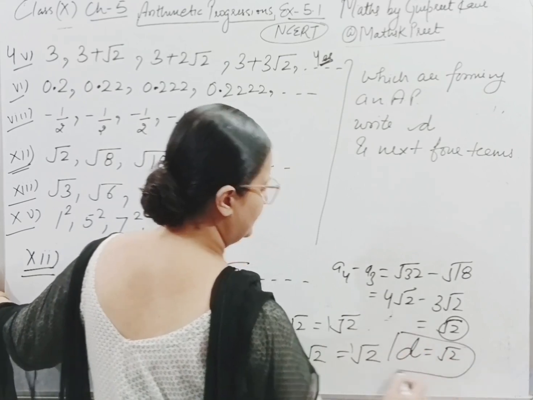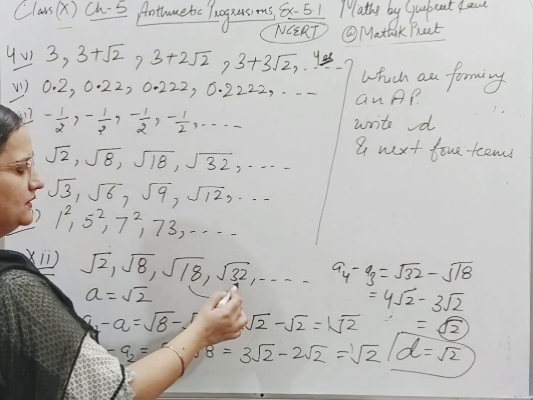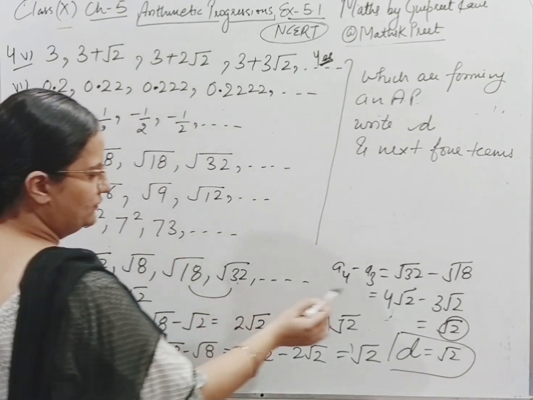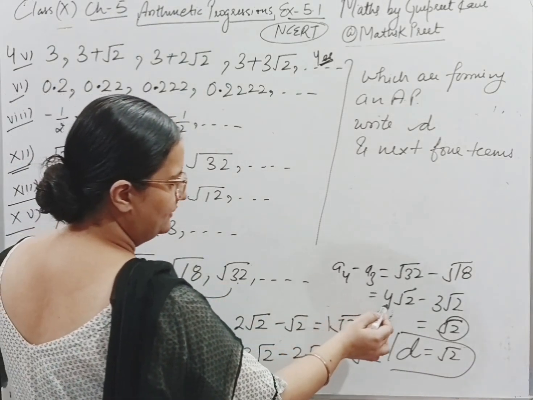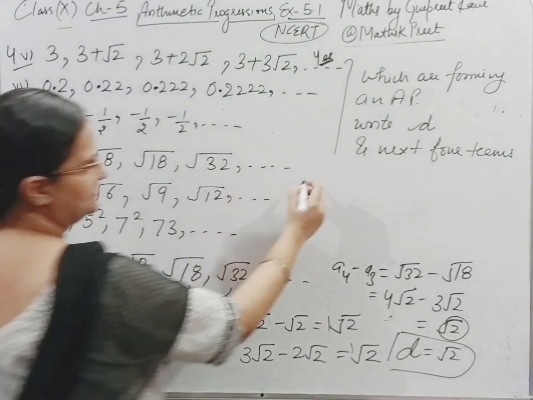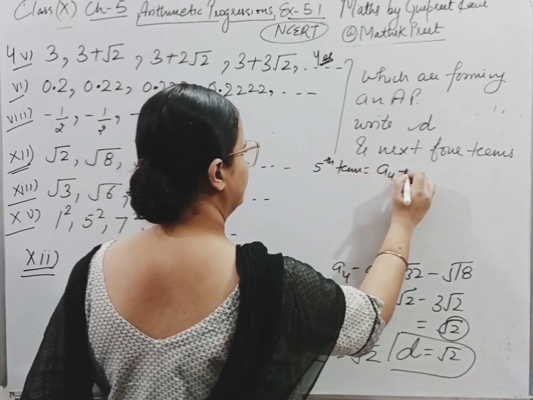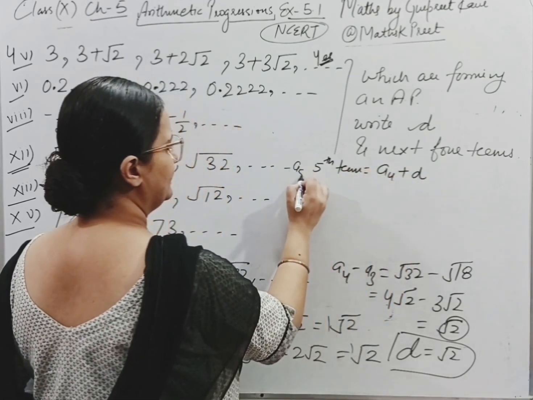Root 2 here, and for the next terms you just have to add this root 2 to get the next term. So this was 4 root 2. When I add root 2 here, I am getting 5 root 2. These are the first four terms. To write the fifth term, I will write A4 plus D. Fifth term is what? A5.